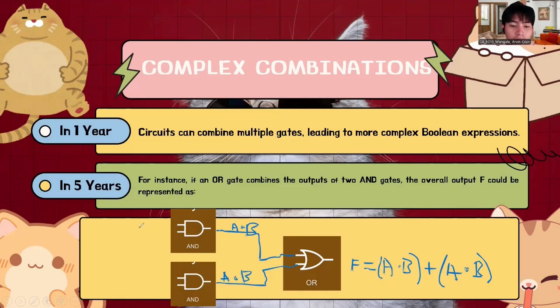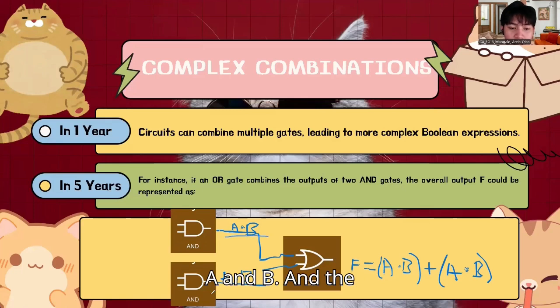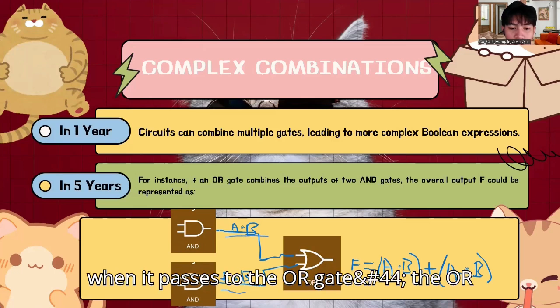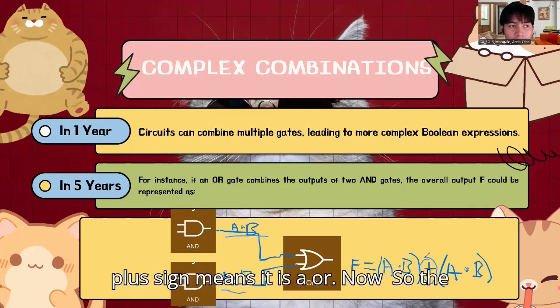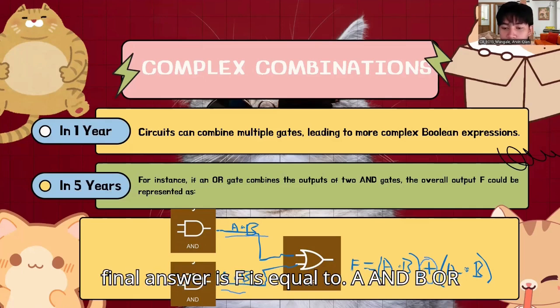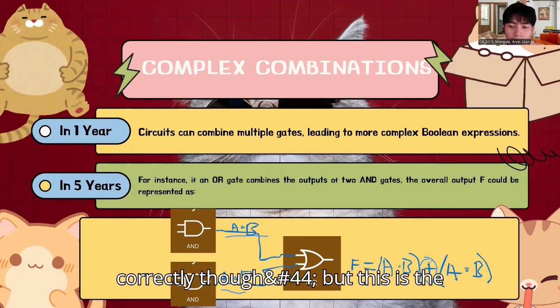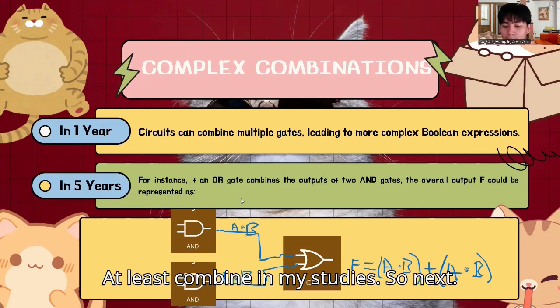The inputs of the first AND gate are A and B, and the inputs of the second AND gate are A and B. When they pass to the OR gate, it converts them with an OR sign. The plus sign means it is an OR. So the final answer is F equal to A and B or A and B. I don't know how to read it correctly, but this is the right explanation, at least in my studies. So next.